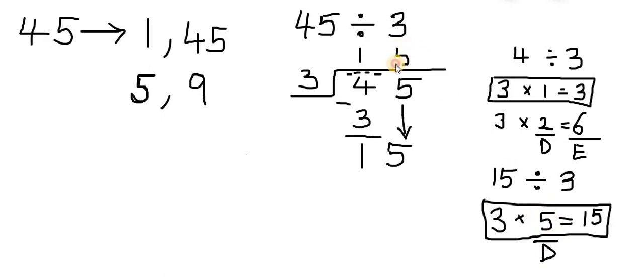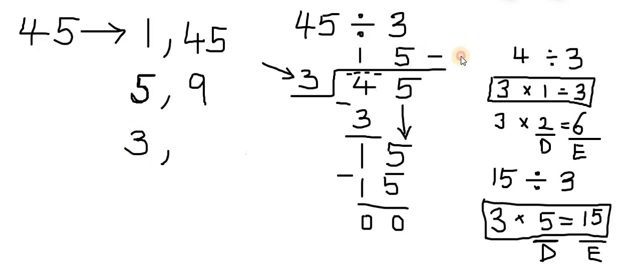So we put that above the 5. And then to check the remainders, we go to column E on that line, answer 15, and we subtract. Zeros. So yes, no remainders. 3 is a factor, and the answer to 45 divided by 3 is also a factor. So 15 is also a factor of 45.